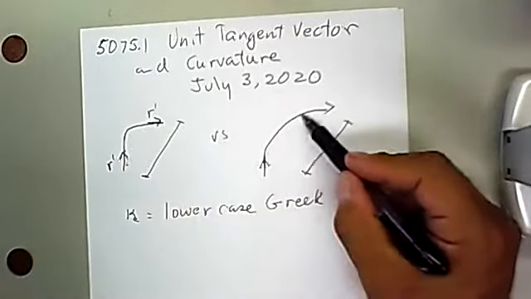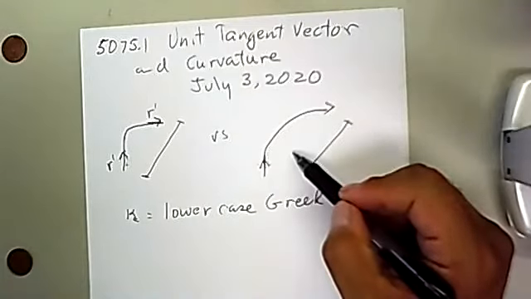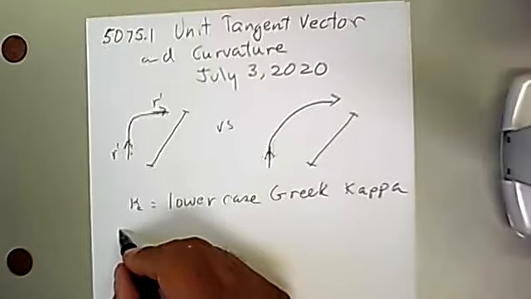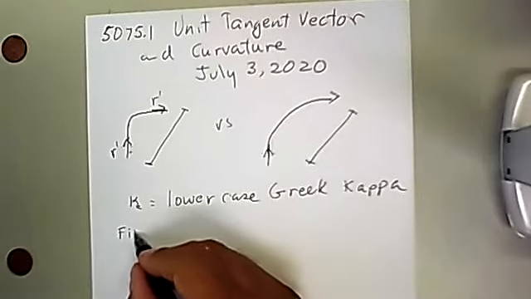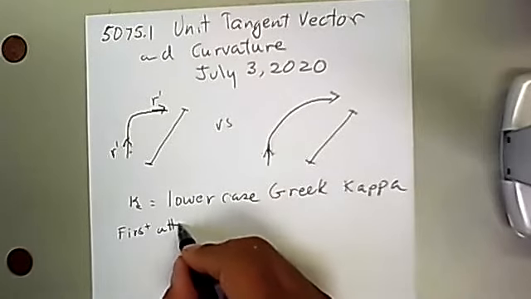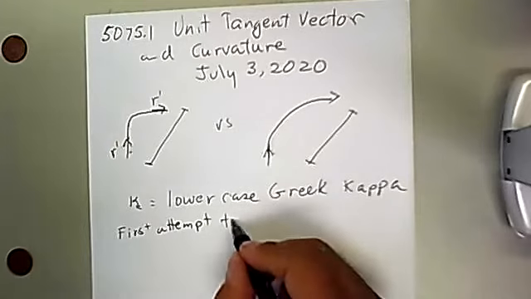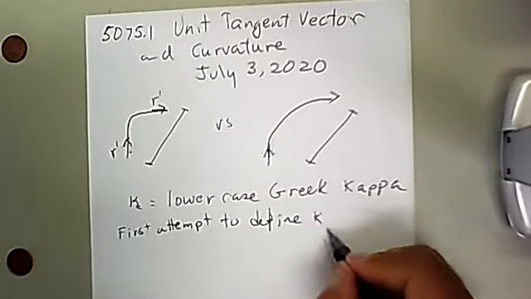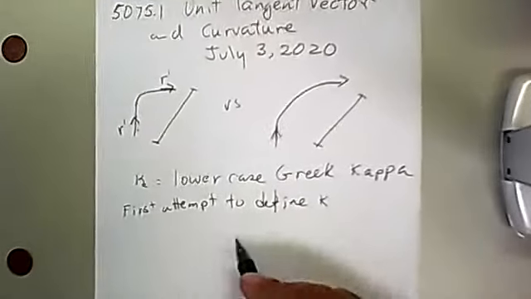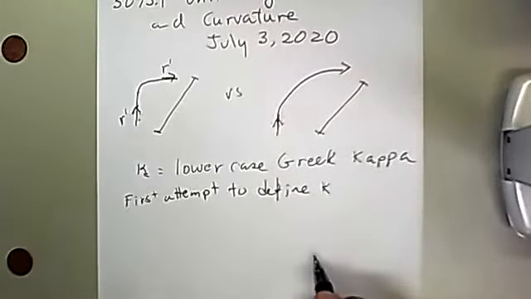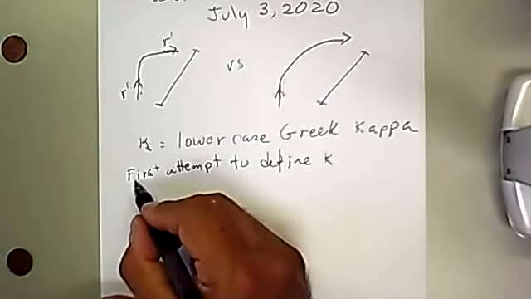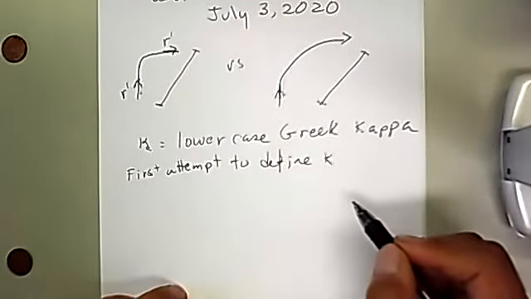And that is how we're going to measure the curvature. So this is going to be a first attempt to define curvature. By the way, what I'm going to write is wrong, but I want to show you why it would be wrong. That's why I'm calling this first attempt.